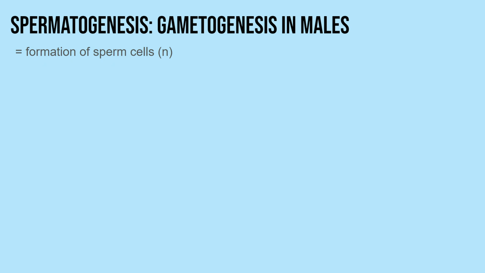So then this is mitosis again, to form another type B spermatogonia. And now we formed the primary gametocyte.